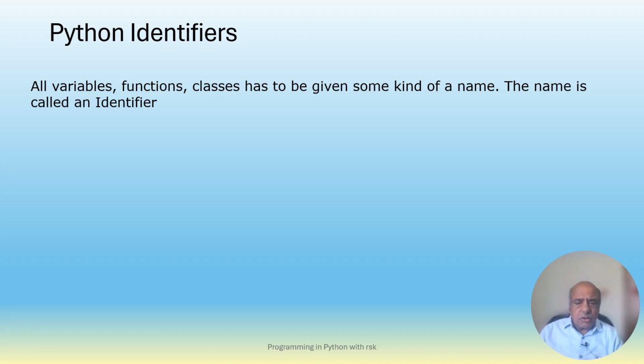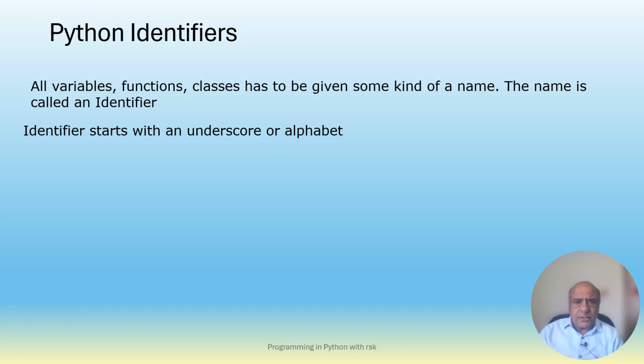These names are called identifiers. Same is the case with functions. We name a function and that name is called an identifier which refers to that function for that particular program. Same is with classes.